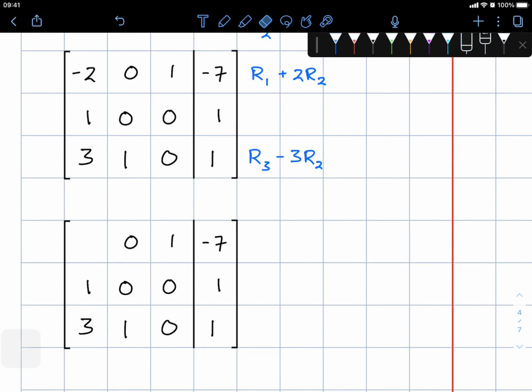We know that these numbers are going to change. As we said, -2 plus 2 times 1 is 0, and -7 plus 2 times 1 is going to be -5. 3 take away 3 times 1 is going to be 0, and 1 take away 3 times 1 is going to be -2.